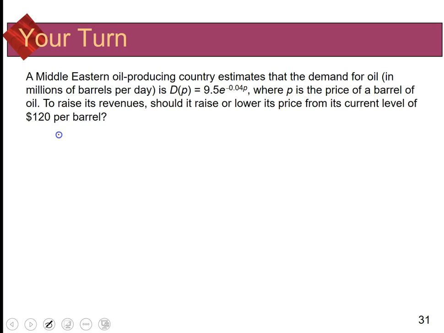Based off this elasticity of demand, is it elastic, inelastic, or unit elastic? And then to round this out, based off of this information, should they raise or lower the price?